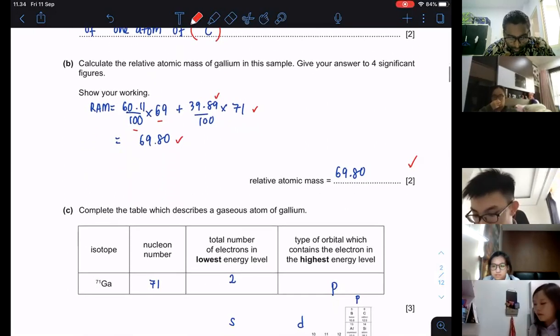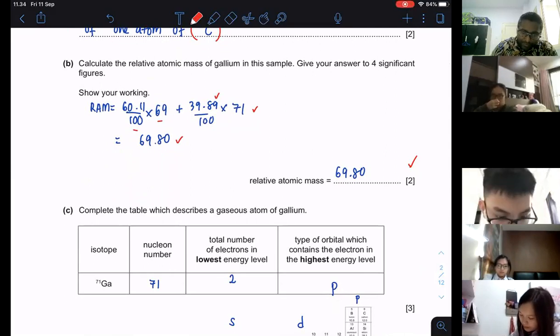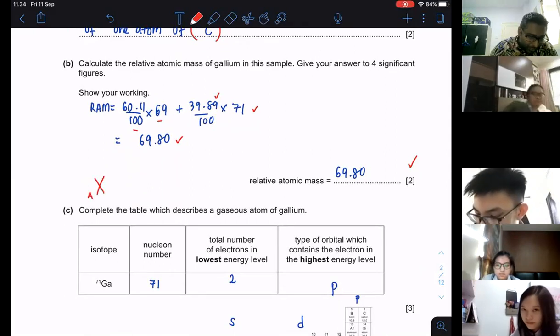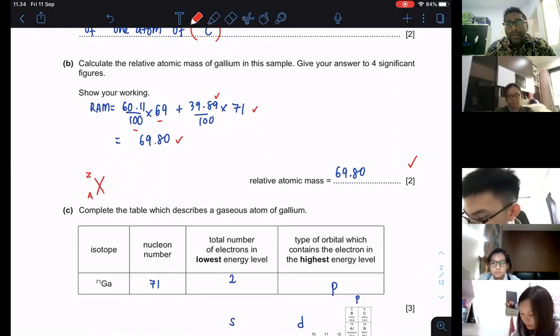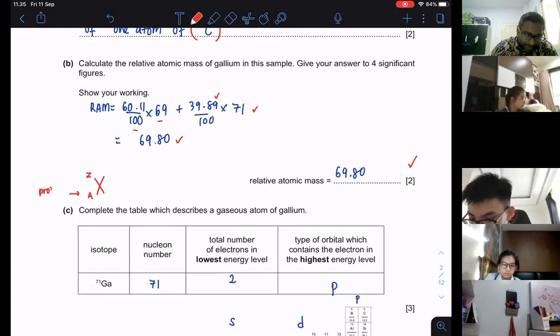Now, complete the table which describes a gaseous atom of gallium. Gallium, they have given you the 71. Always remember when you have X, the A at the bottom and the Z at the top. Now, A at the bottom will always represent your proton number or atomic number.